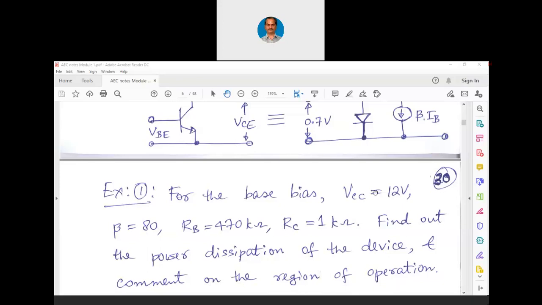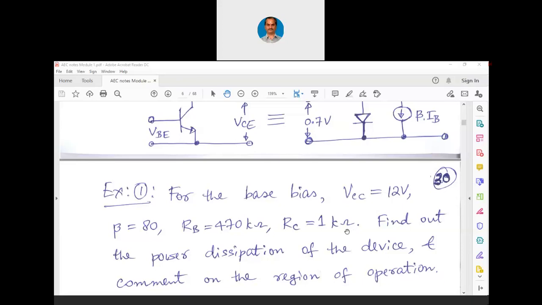You already know that by KVL, IB is VCC minus VBE divided by RB, and that way you can easily find out IB. IB into beta, beta is given, you can find out IC, and when you find out IC, VCE you can find out by VCC minus ICRC.